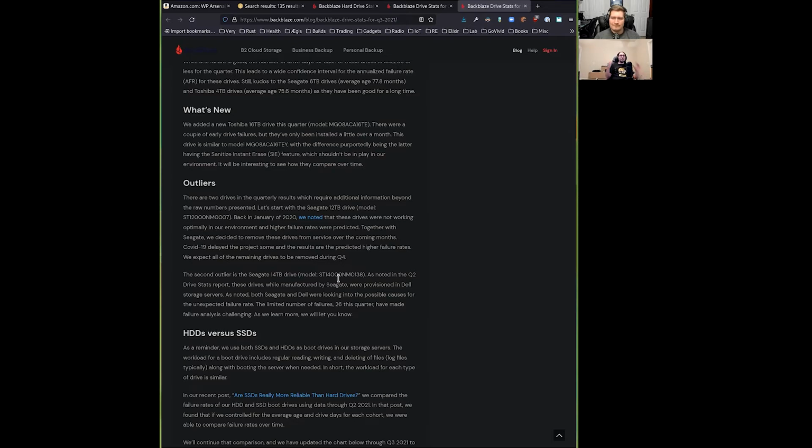But that's one good reason as to why we should look at these numbers, because Backblaze is running a bunch of these devices, and it's a good lens into which variant of which device, of which manufacturer is going to be reliable for my use case.